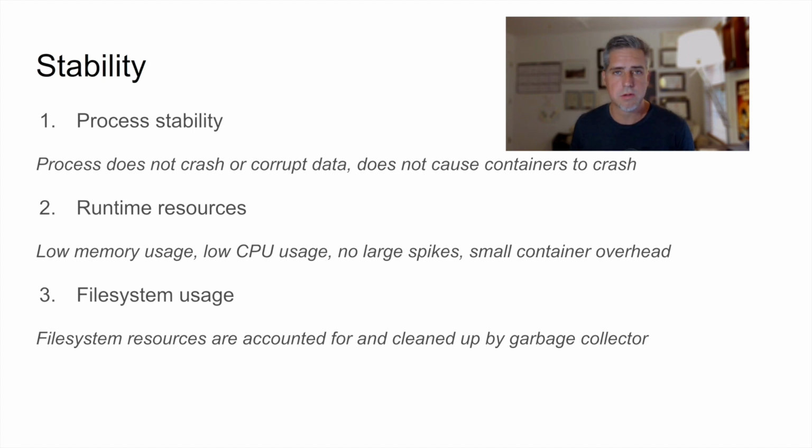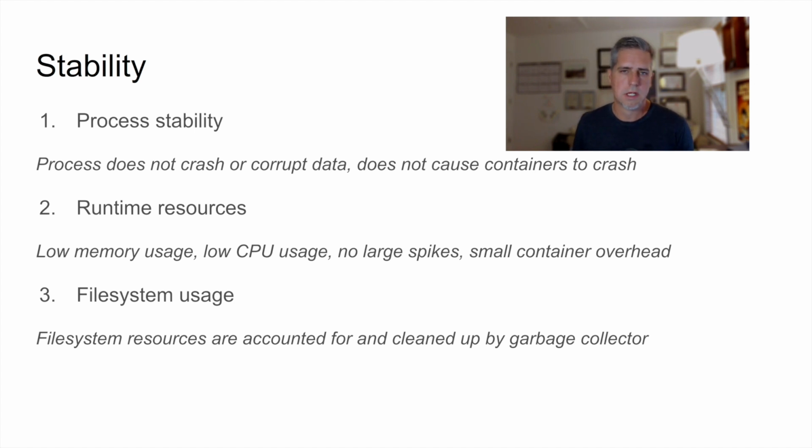Stability around resource use. You don't want a runaway process or runaway daemon that uses all your memory or eats up your CPU. And so we focused and have done a lot of testing around memory usage and CPU usage, making sure we don't have spiky resource use, and having the smallest possible overhead for each container, meaning how much extra memory and CPU is required for the lifecycle management around containers.